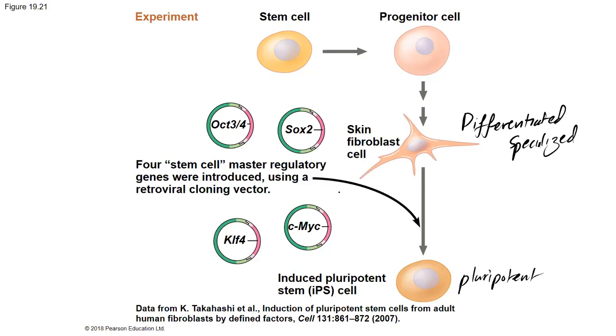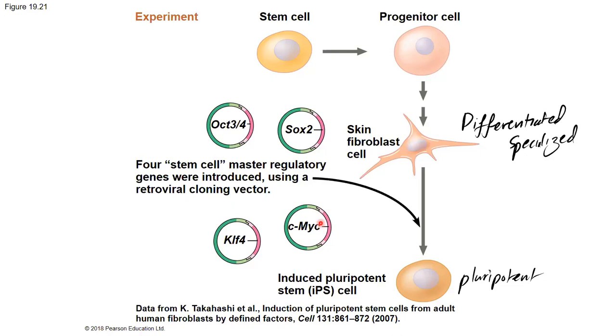This is done by providing this cell with these 4 transcription factors. Okay. So these 4 transcription factors are cloned into vectors, and there are viruses that will carry these vectors, and infect this cell.